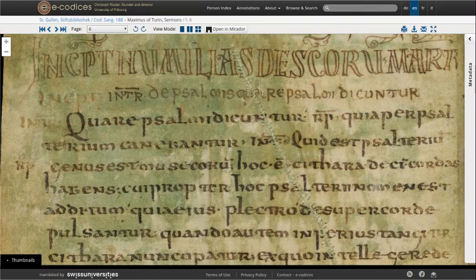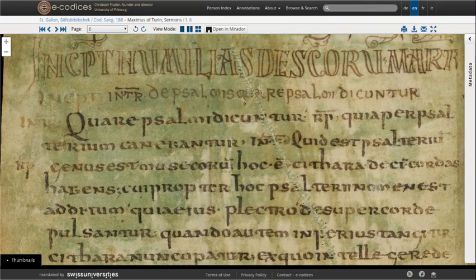Oh, I just need to quickly read this because I just love it. It kills me. Okay, so this is a dialogue between a teacher and student, and it says Quare psalmi dicuntur, and the teacher responds. The student asks, why are they called psalms?